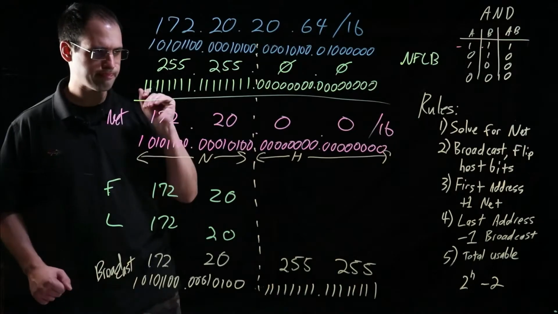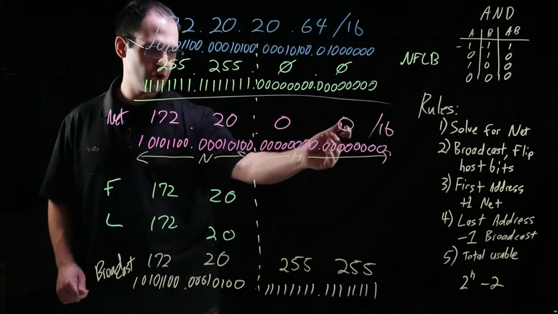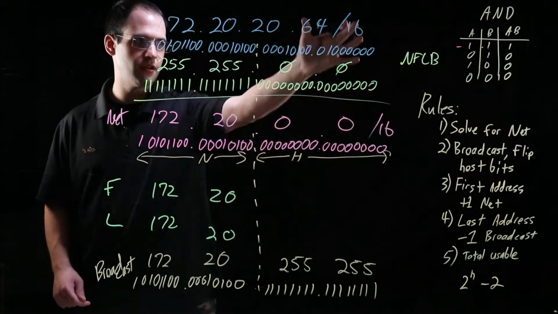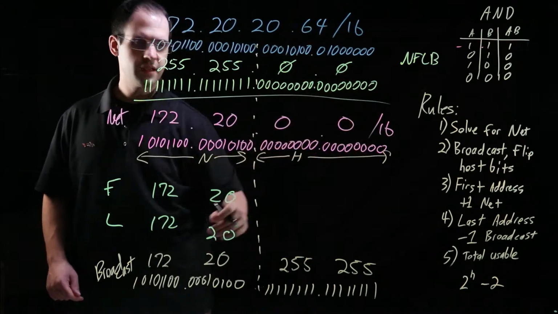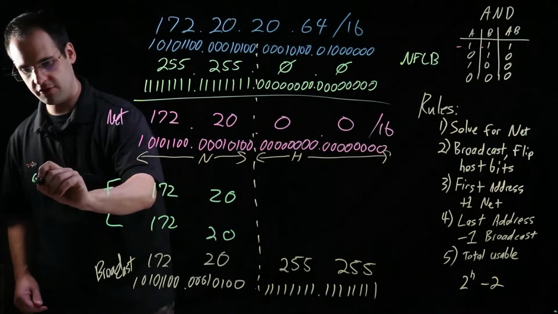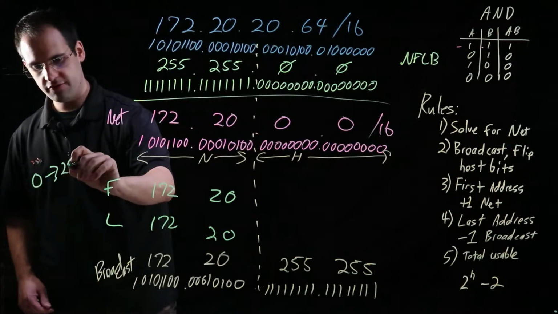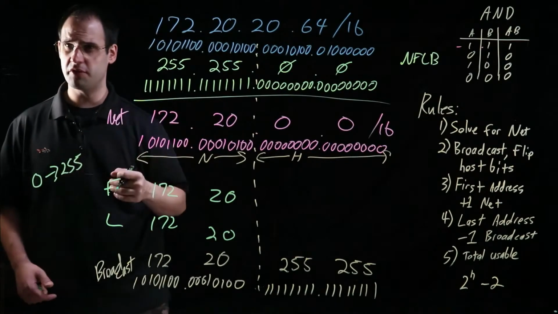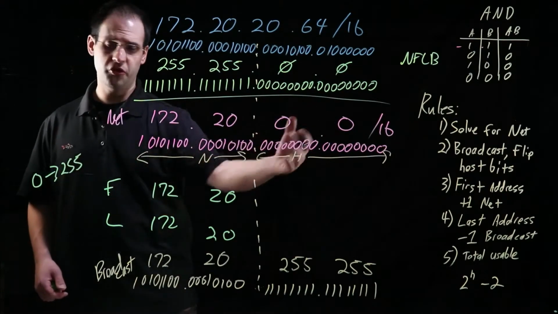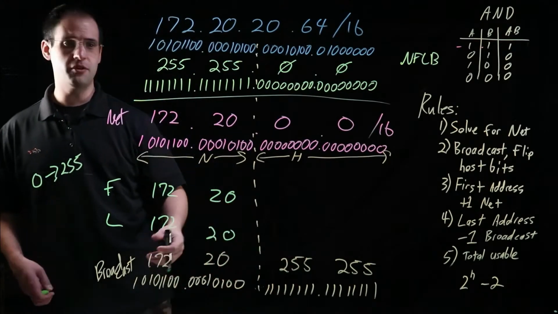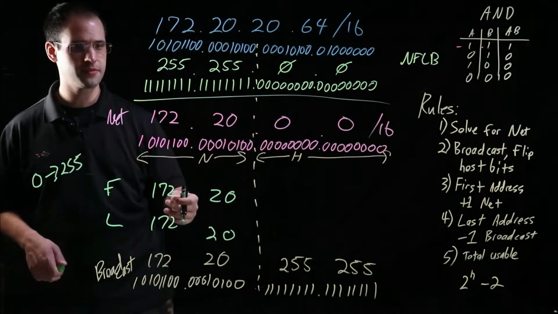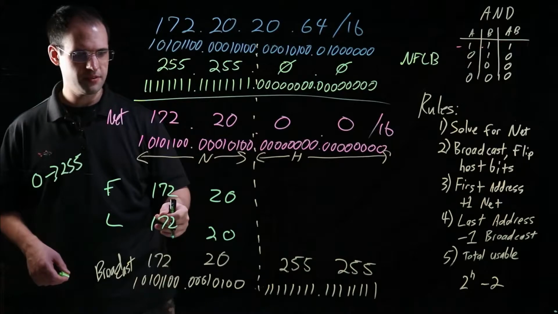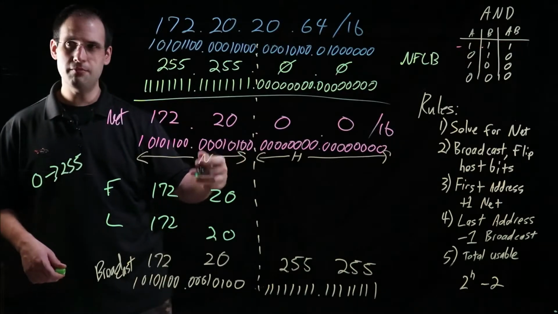Well, remember that each column, each octet here, can only go up from a value between 0 and 255. Now we can count 0 as a value, right? 0.0, 255.255. They're reserved, but they're still values, okay? But what happens if I need more addresses?